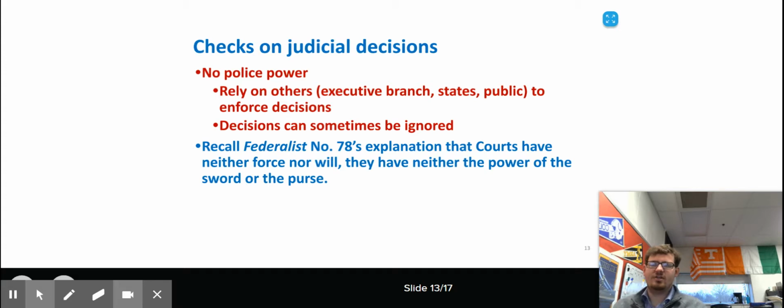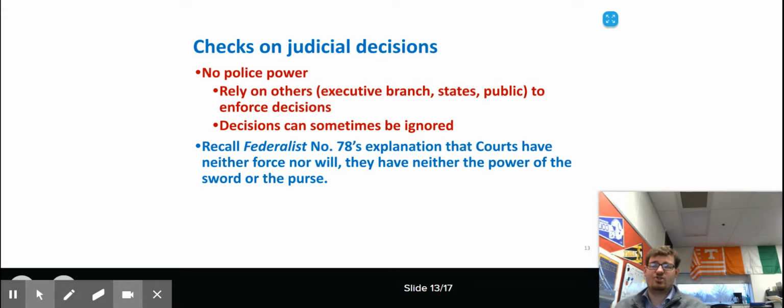So, checks on the judicial branch. You all are probably pretty familiar with the check that is judicial review, and that is the Supreme Court's check on the other two branches. But the checks on the judicial, there are many. One of the biggest being it has no police power.